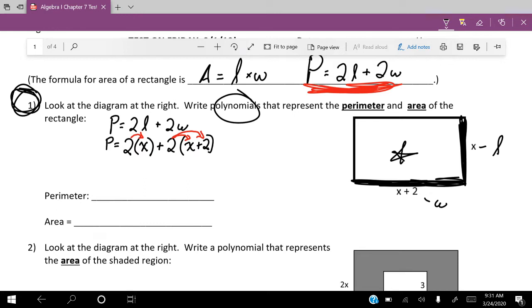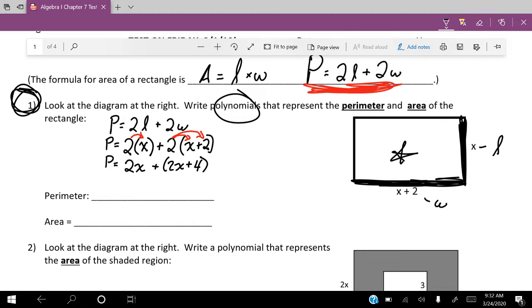2 times x is simply 2x. Then 2 times x is simply 2x, but then we have to do 2 times 2, which is 4. Once we have this, we're pretty much guaranteed to have this correctly done. The last thing we're going to do is combine like terms.